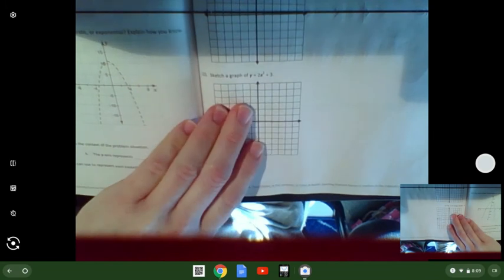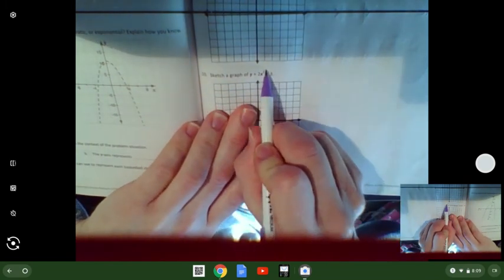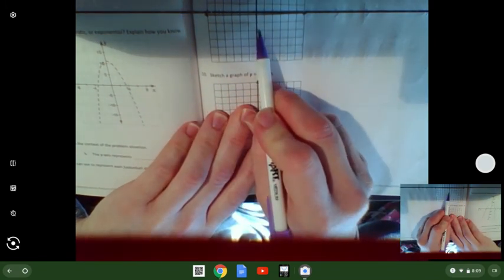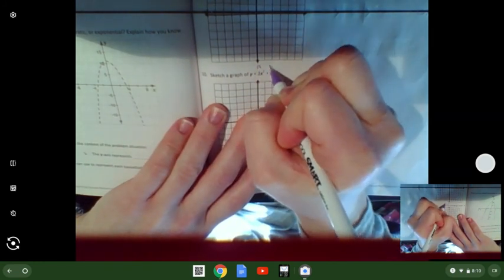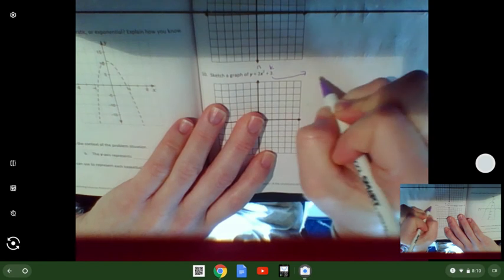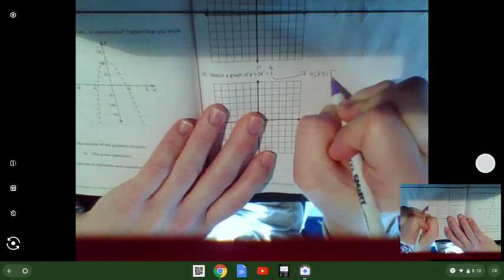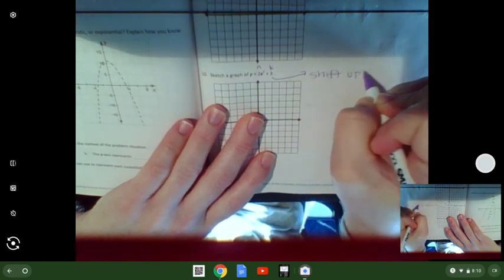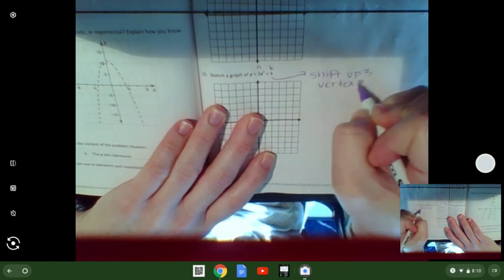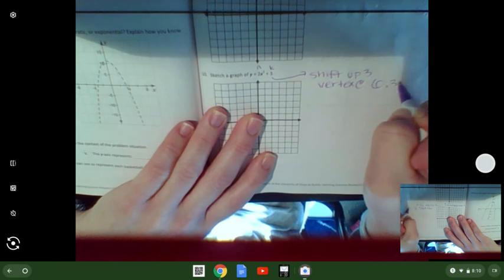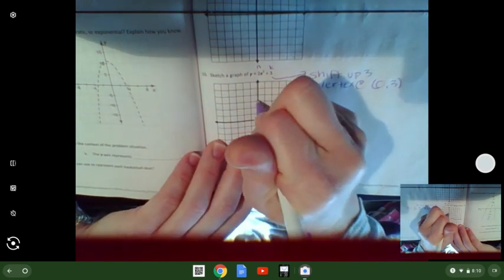Similarly, number 10 actually has the same numbers as number 9, but in different places. Does that mean we're going to get the same graph? The answer is no. That plus 3 means we are going to shift up 3, so my vertex this time is going to be at 0, positive 3. So 0 over 3 up.